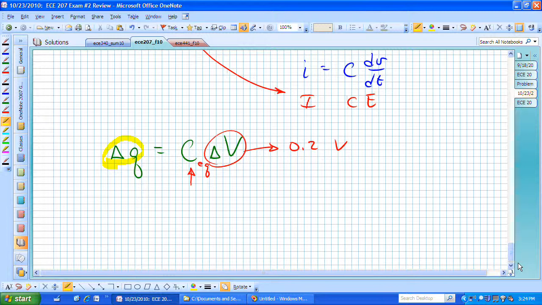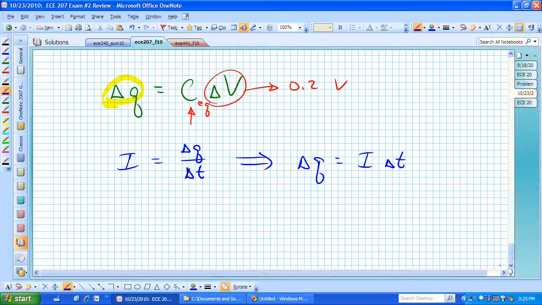Now we need to see if we can find a delta Q. But remember what the displacement current in a capacitor is. I is equal to just dQ/dt, or the change in charge per change in time. If we now solve that for delta Q, we see that that's I delta T.